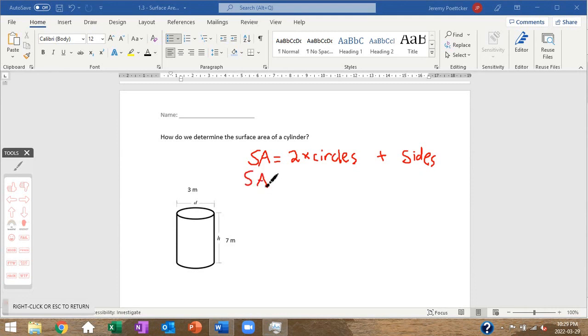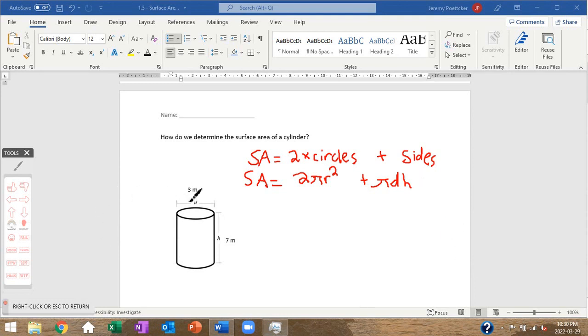So my formula is going to look like surface area is equal to 2 times the circle, so 2 times pi r squared, plus. Well, if we roll this out to be a rectangle, the distance around is the circumference, and that's pi times d. And that's the one side of our rectangle. The other is the height, h. So plus pi times D times H.